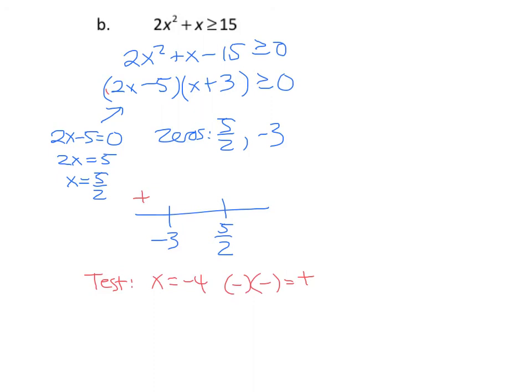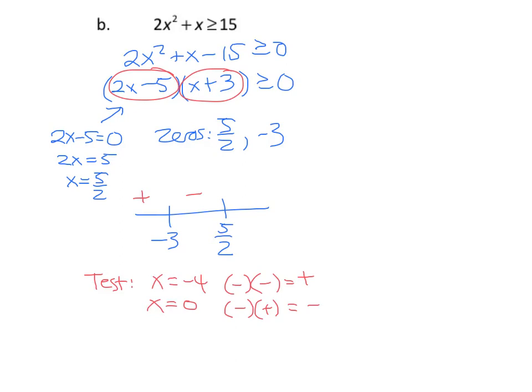And then when I test something between -3 and 5 over 2, I'm going to test 0. And plugging 0 into 2x minus 5, I get a negative. Plugging 0 into x plus 3, I get a positive. And a negative times a positive is always negative.